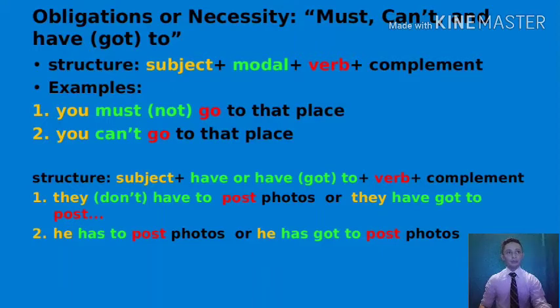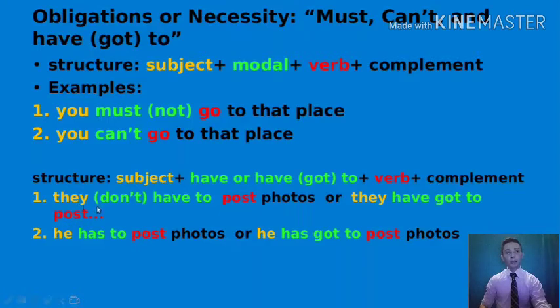The structure for have to or have got to is the following: the subject plus have to or have got to plus the verb plus the complement. And there are some examples here.